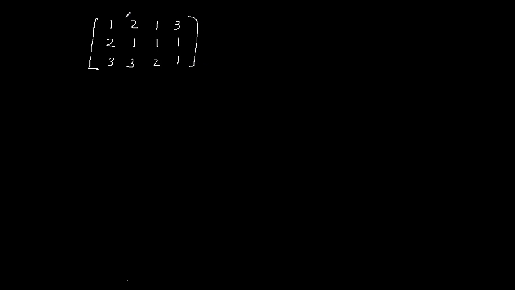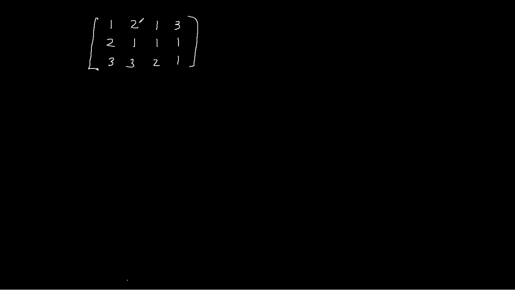And the goal is going to be to put this into reduced row echelon form. We can quickly look and see that it is not already in reduced row echelon form because we have a leading one and there's non-zero numbers underneath it. So we have to actually do some work here.